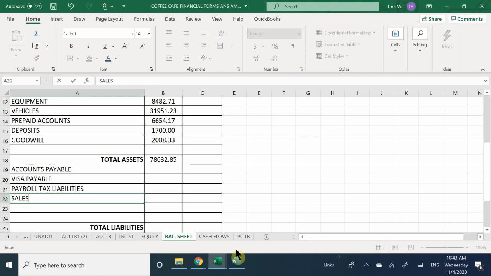Sales tax payable. And I think I have loans is the last one. Okay, so let's go ahead and find out what our total liabilities are.